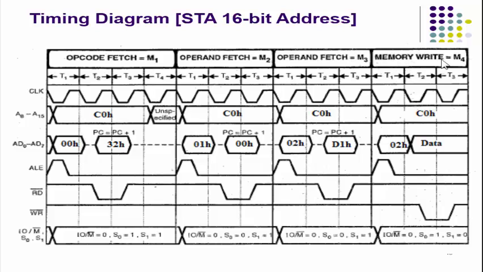In this case also short duration ALE pulse goes high to demultiplex address with data lines. Again read bar signal made low by the processor to read the byte from the memory, that is D1. And finally after fetching the memory location D100, he will jump to the last machine cycle, memory write machine cycle, fourth machine cycle.